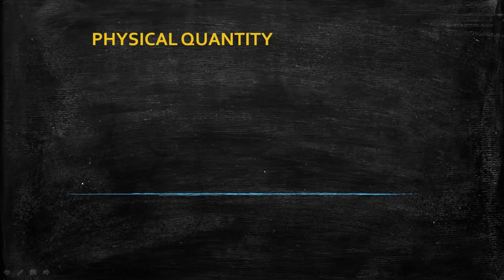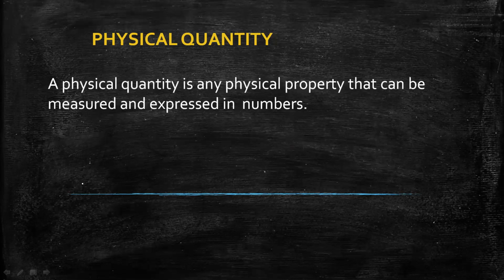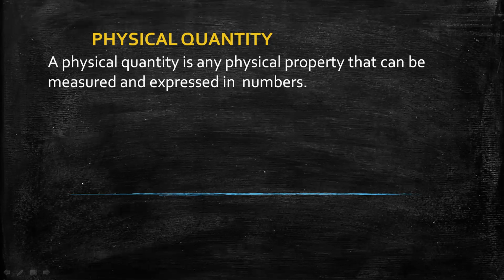For example, your height is a measurable quantity. I can very much say that your height is 165 centimeter, or that your weight is 54 kg, which means these are properties which can be measured and expressed in terms of a number. So they are called physical quantities. On the other hand, how beautiful you are.